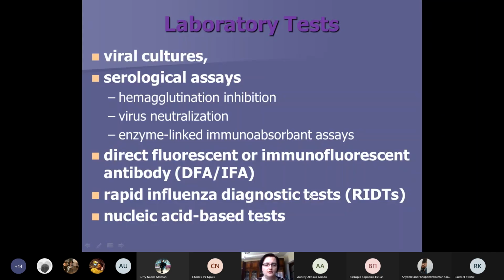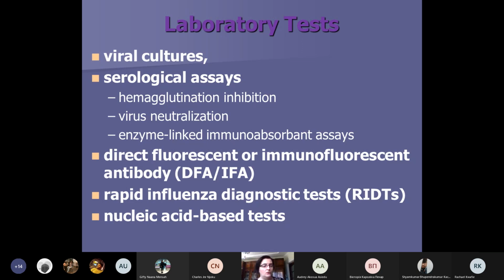Testing, laboratory tests of influenza, also very interesting and a lot of possibilities already present. Diagnostic methods that can identify influenza include viral cultures, antibody and antigen detecting tests, and nucleic acid-based tests.